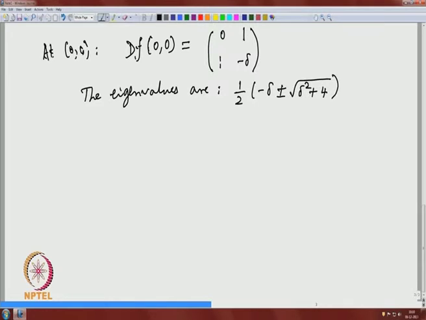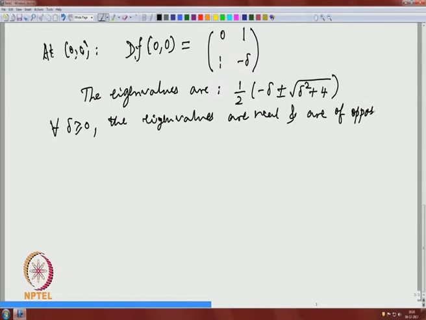You see that for all delta non-negative, the eigenvalues are real and of opposite signs. So, one is positive and one is negative.